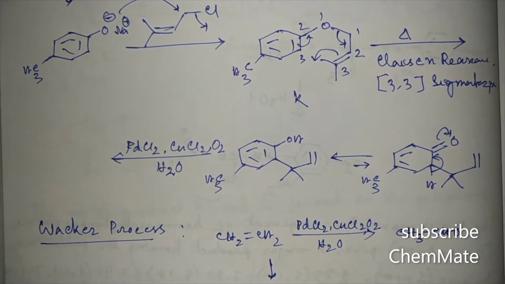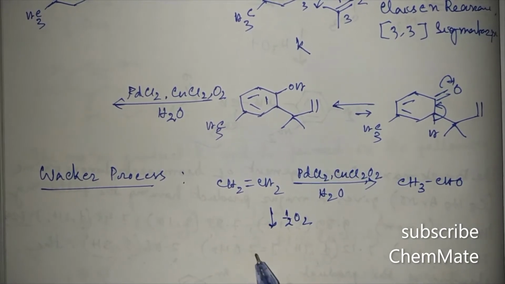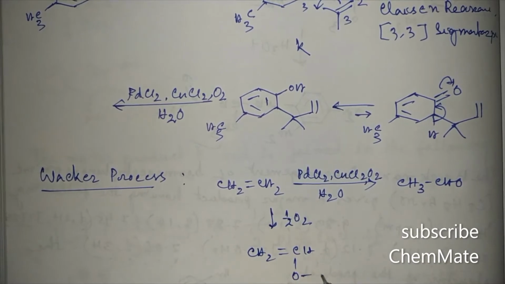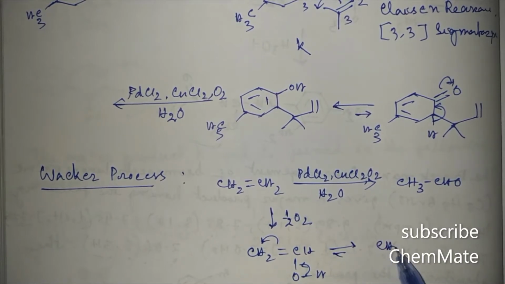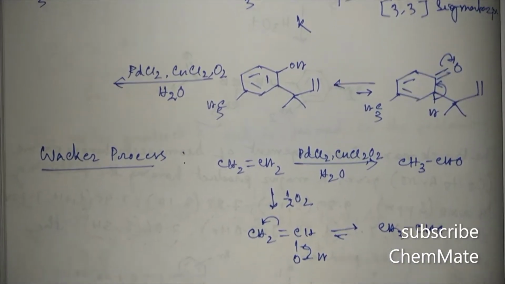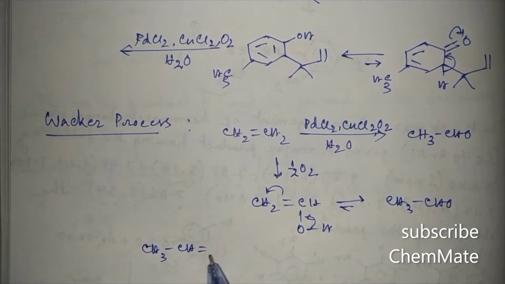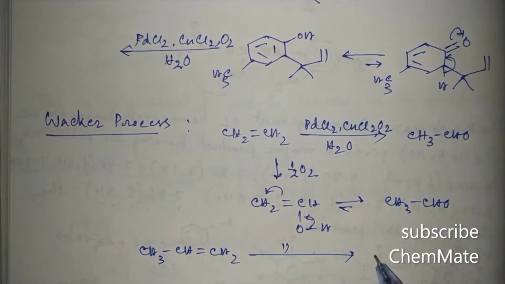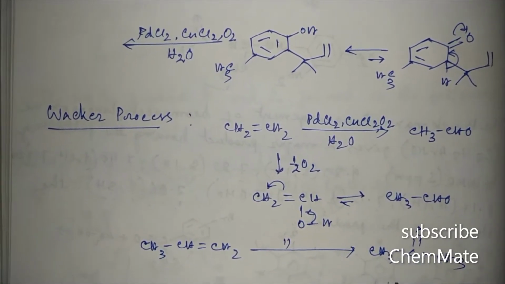Here first half O2 will add, that is one atomic oxygen will add into one of this hydrogen, so it will be OH, and it will undergo the keto-enol tautomerization to form the corresponding carbonyl compound. And if we take propene, then under similar condition we will get acetone, CH3COCH3.